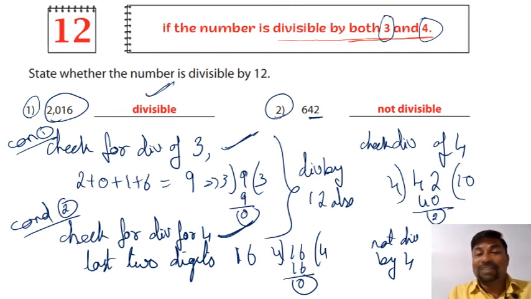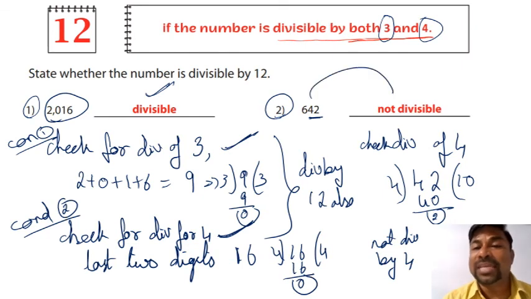If it is not divisible by any one number, straight away we can say it is not following the conditions. It has to be divisible by both 3 and 4, but if one is not satisfied, we can say the number is not divisible by 12.